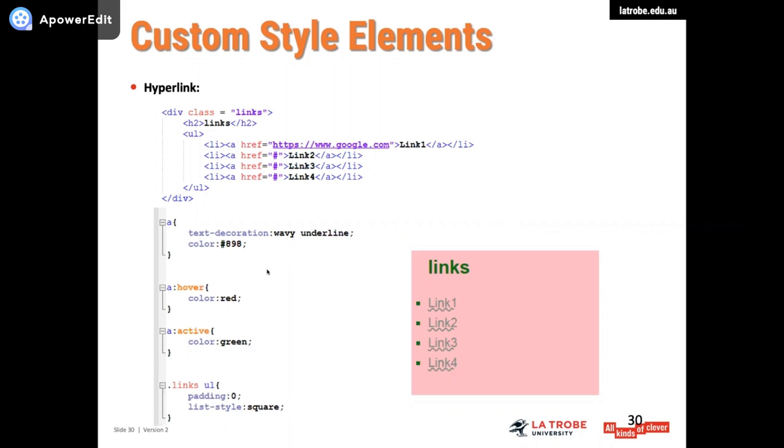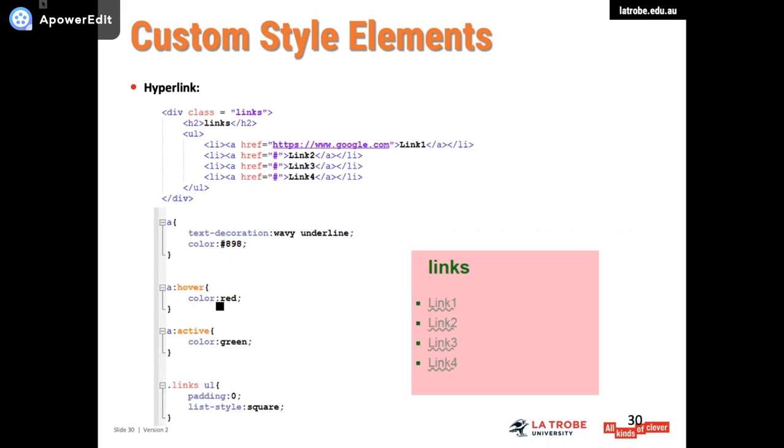We can change the text decoration and colors of the hyperlink, and also some other actions of the hyperlink. For example, hover. Hover means that when you move the mouse arrow onto the hyperlink, the color of the hyperlink will change. In this case, we can change the color to red from the original color.